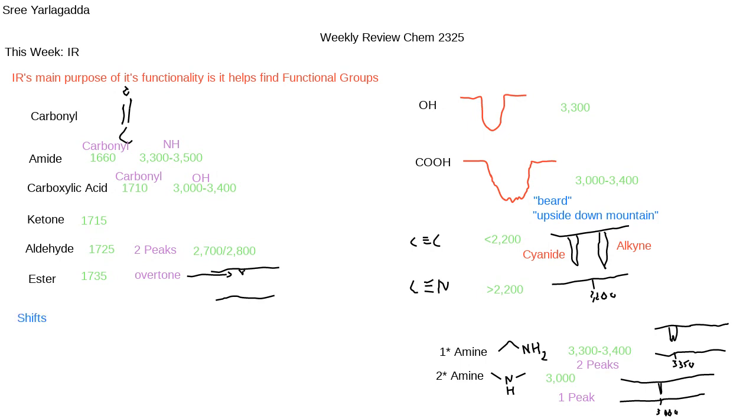The first one is resonance. I'll explain what I mean. The second one is going to be ring strain. So let's start with resonance, and we are going to start with a ketone.